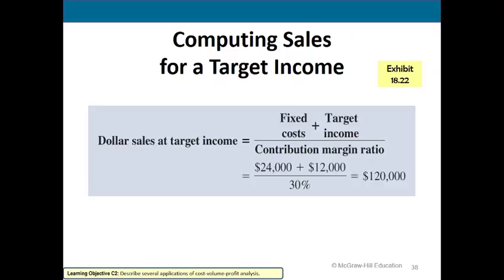Your numerator is going to be your fixed cost plus the target income, and your denominator is going to be your contribution margin ratio of 0.30. And so here you're going to need dollar sales in order to achieve your target income of $120,000.